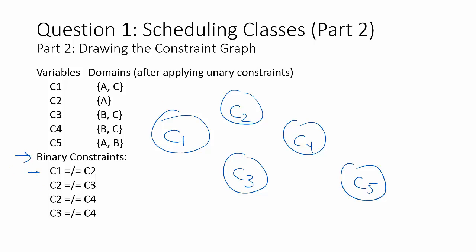We first have a constraint between C1 and C2, so we draw an edge between those two nodes. We have a constraint between C2 and C3, so let's draw that. C2 and C4 share a constraint, and C3 and C4 share a constraint. And that's the constraint graph. Notice how C5 is floating out here by itself. That's because it doesn't share a constraint with the other variables.